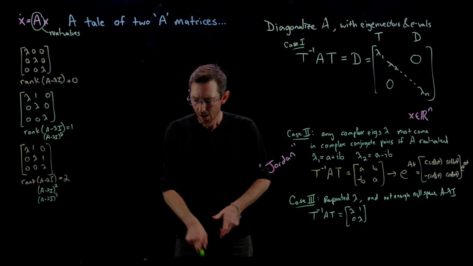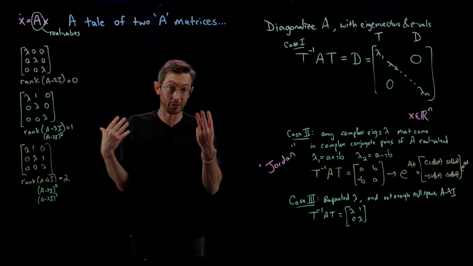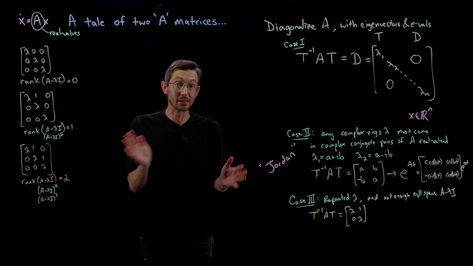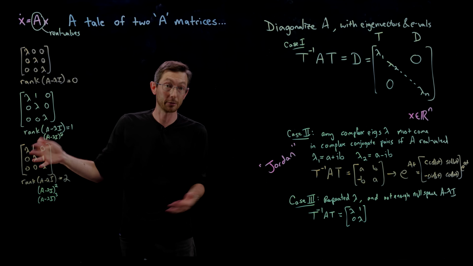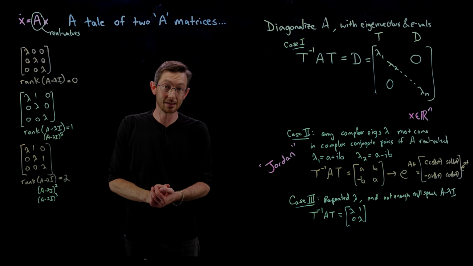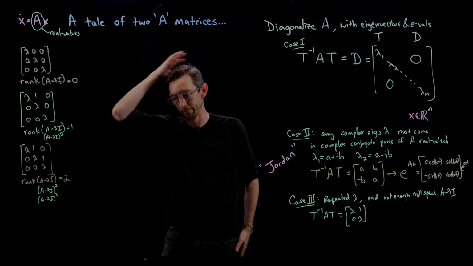So these are the kinds of Jordan blocks that you can get for a system with 3 repeated eigenvalues. There's 3 different types of systems that have 3 repeated eigenvalues. These are the 3 types based on the rank of that A minus lambda I, that null space where we search for our eigenvectors to diagonalize our system.